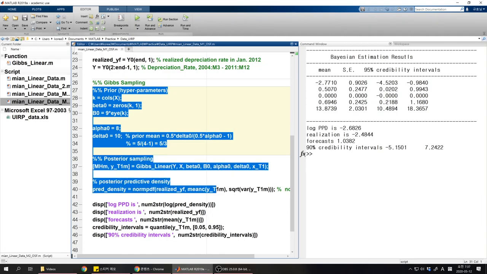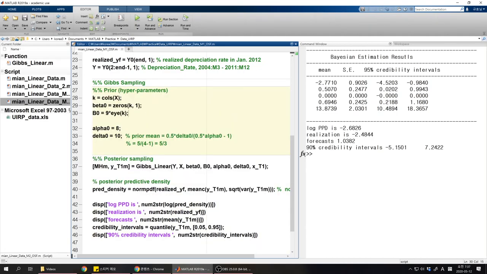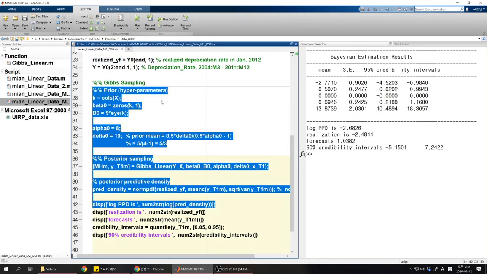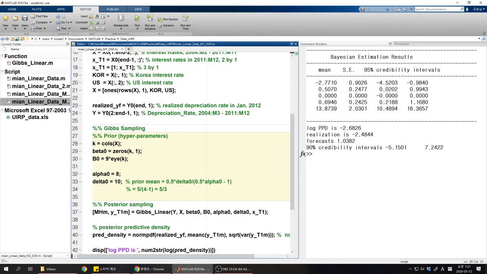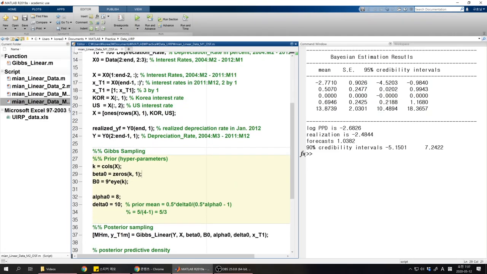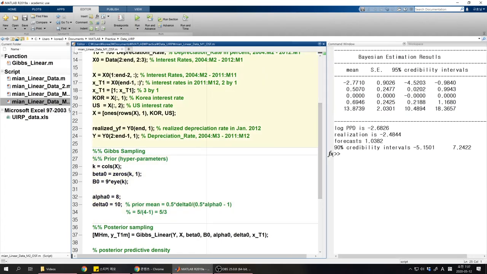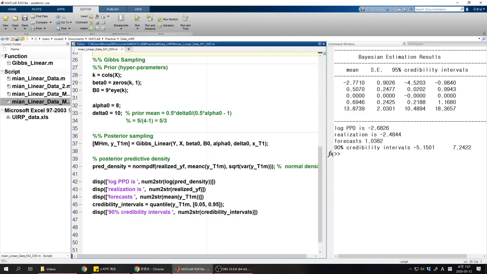Once we change the values for y, x, x at t plus 1, and the realized yf, this process will be repeated. Nothing to change. That's what we understand about this code.